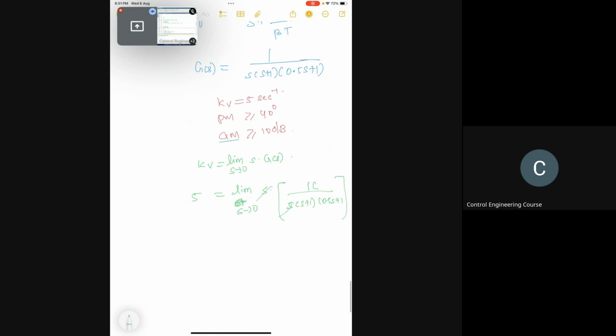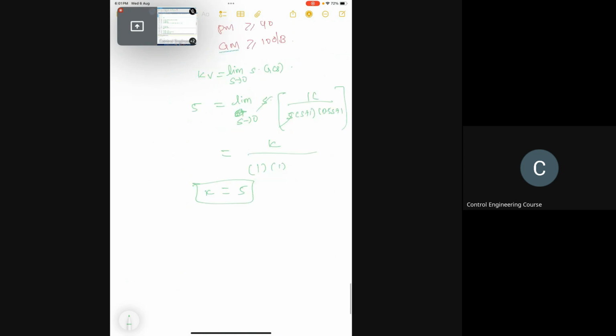So S will get cancelled. K by 1 into 1, so K equals 5. So your uncompensated system will look like this: 5 by S into S plus 1 into 0.5 S plus 1.